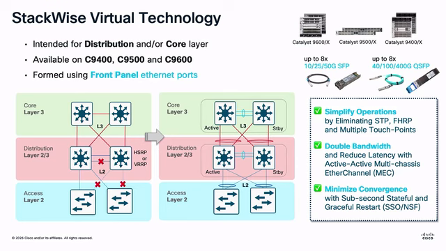Now, if you think about what it means to be a distribution, if you were looking at his slides, he talked about things like first hop redundancy, so things like HSRP, VRRP, and so on. And normally if you have a layer 2 access, this is also your spanning tree root. So you have all these different protocols, and they're all collapsing on the distribution layer, which makes the distribution layer the most critical point, right?